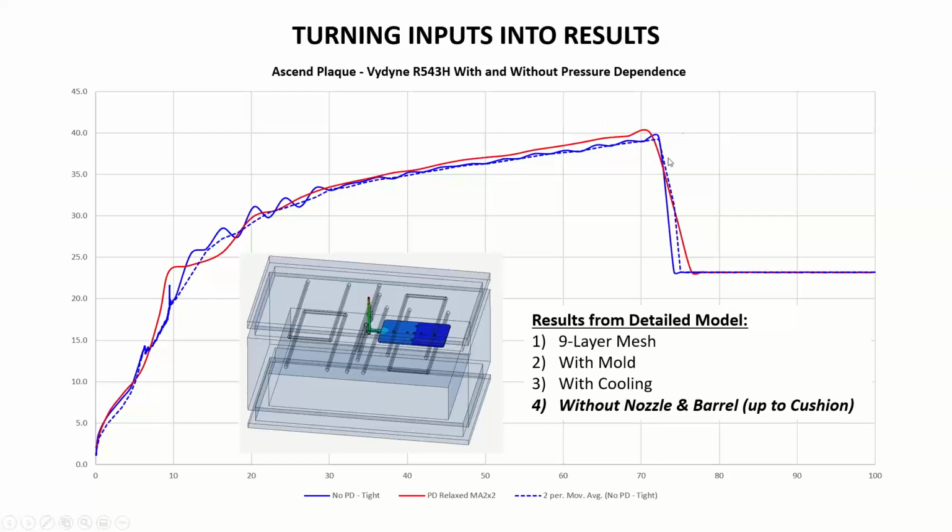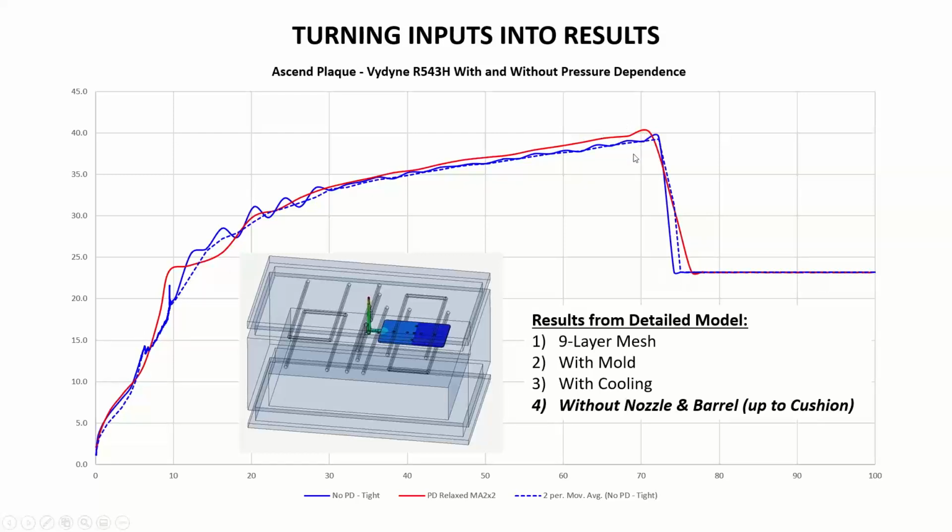And you see the transfer pressure over here with a couple of different runs. The blue is where I did not use pressure dependence. In one case, I have relaxed tolerance for my convergence. The other, I have tight tolerance for my convergence, the solid line here. I used relaxed tolerance for the run with pressure dependence, because I had to run that one on my laptop.